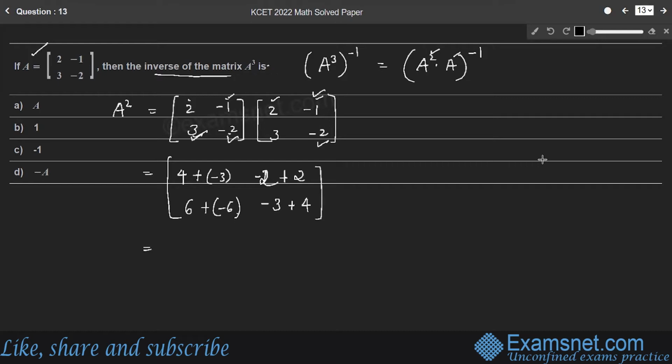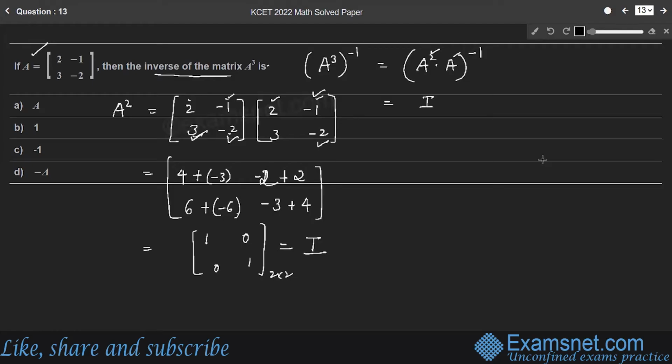Therefore, the product A into A becomes [[1, 0], [0, 1]], a 2 by 2 identity matrix. So here A square is an identity matrix.